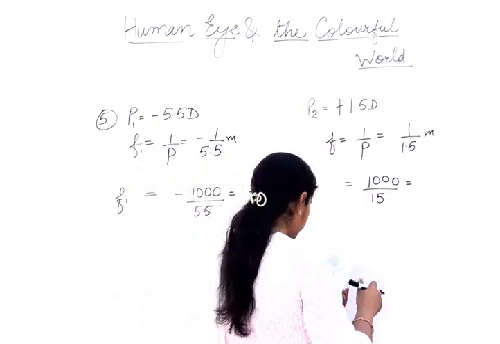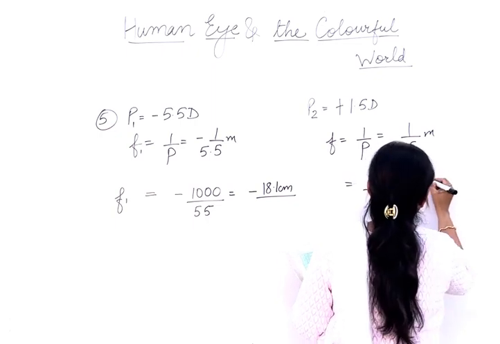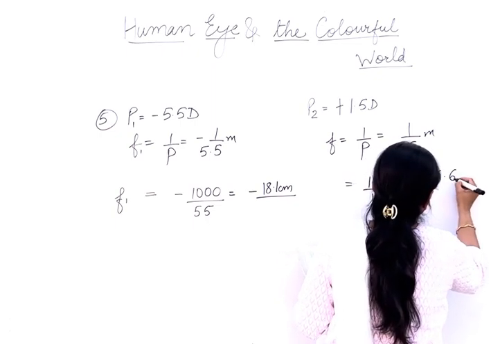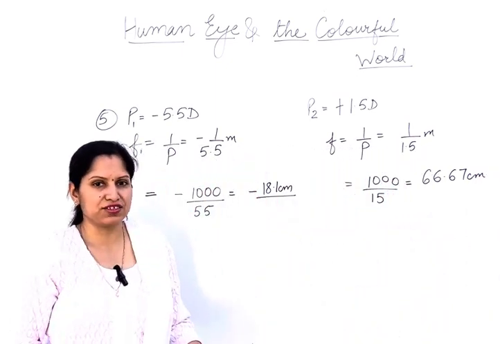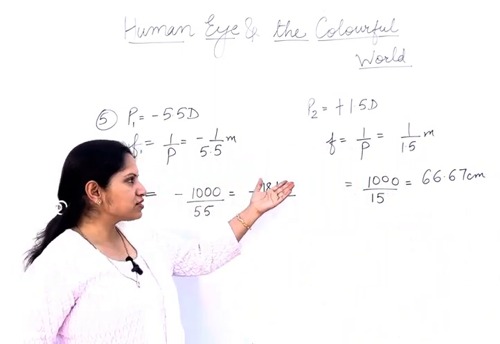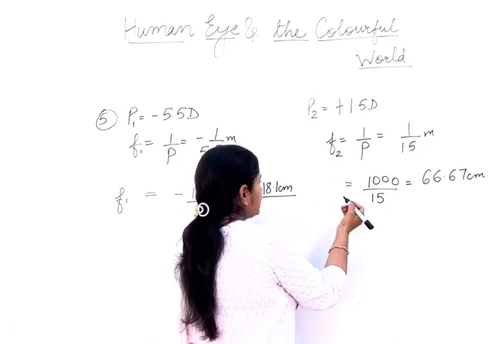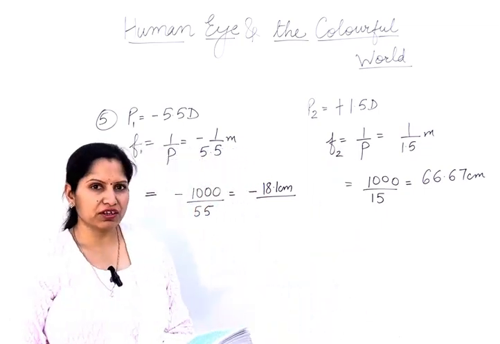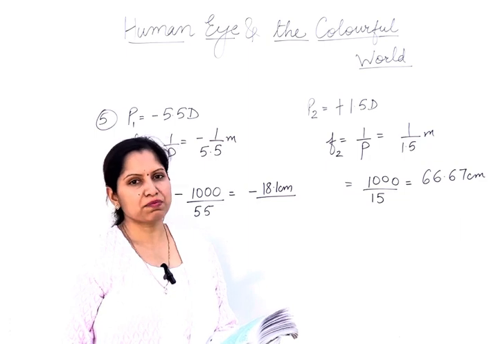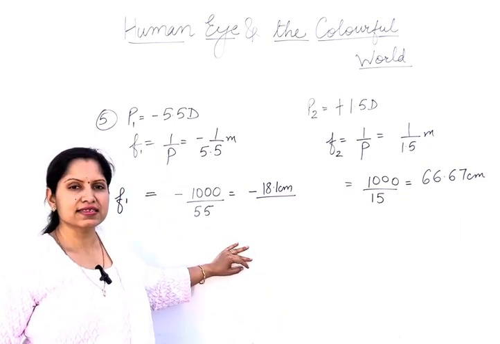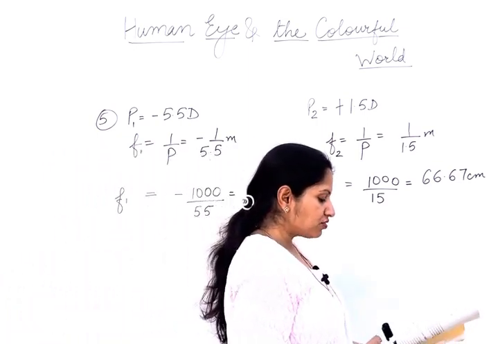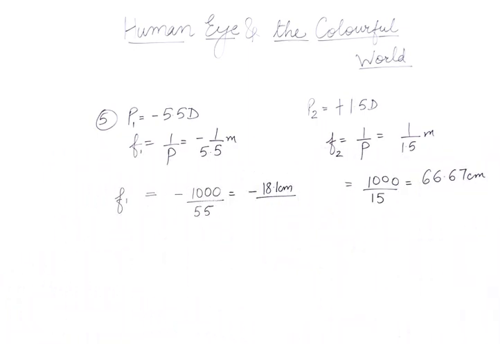And if I solve it out, I'll be getting 66.6666, which could be written as 66.67 centimeter. So that's all. That is the focal length of the second lens, and the person is suffering from the condition known as presbyopia, because of which the person is not able to see the nearby objects as well as distant objects. You can take a screenshot of the question if you want.